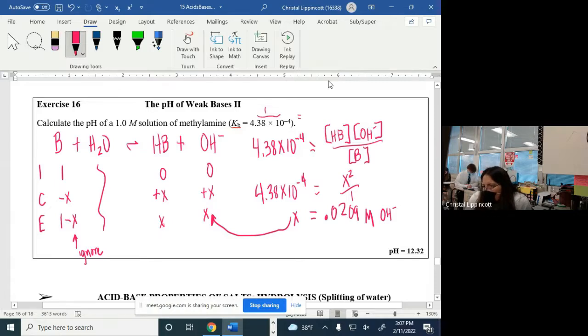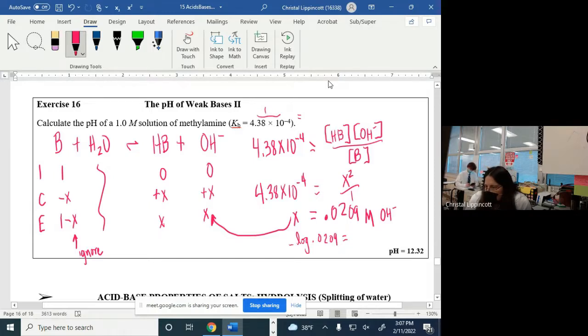So if I do the negative log of 0.0209, that is going to equal your POH. Then you're going to subtract that from 14 to get your pH.